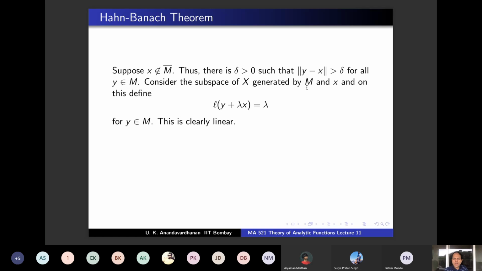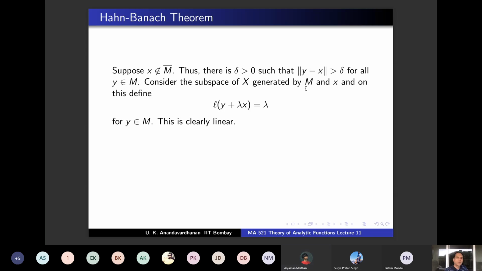Once again, you're taking a point from this space, so that will look like y plus lambda x for some y in M and for some scalar lambda, right? Now, if this can also be written as y1 plus lambda 1 x, then my definition says it is lambda 1.